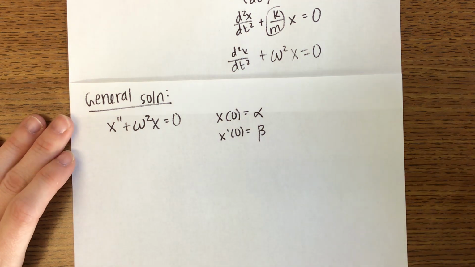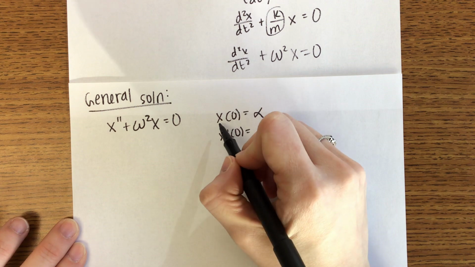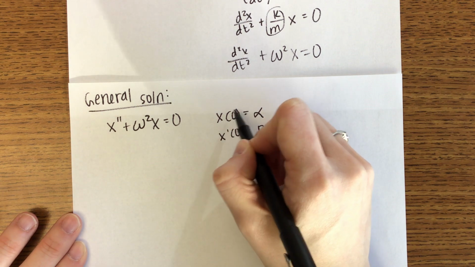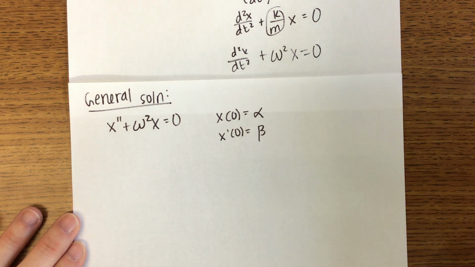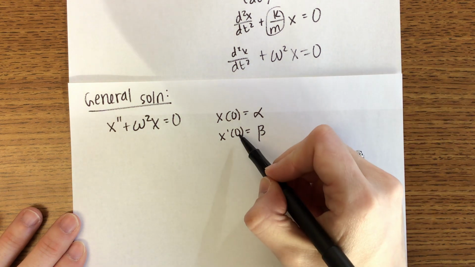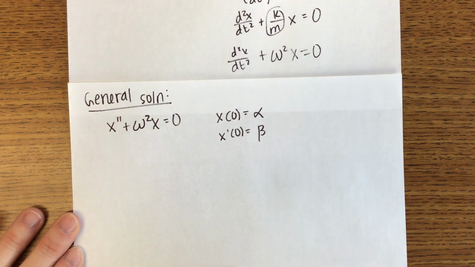What does x of 0 represent in terms of our mass? Okay, what does x represent? The distance from equilibrium. So the distance from equilibrium at time equals 0 is alpha. So it's like your starting position. What is x prime? Velocity, the initial velocity. So at time 0, the initial velocity at which the mass is moving.